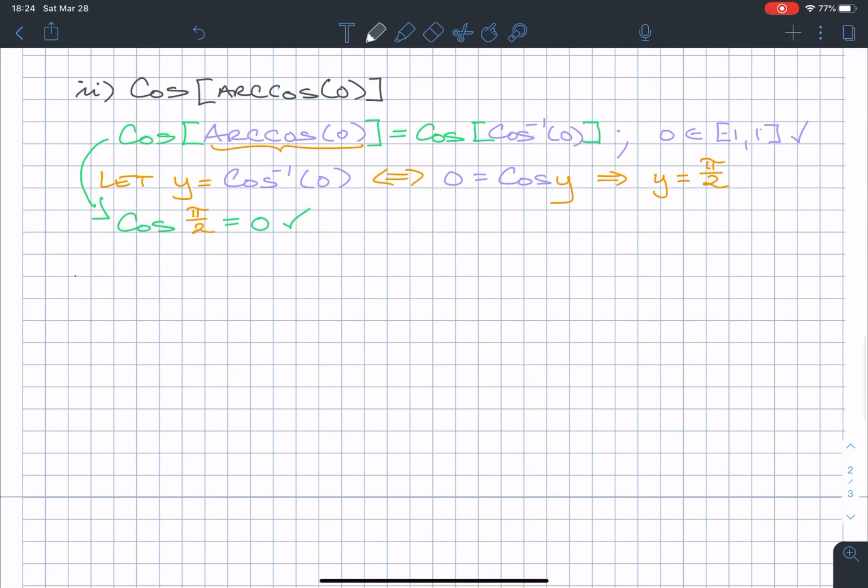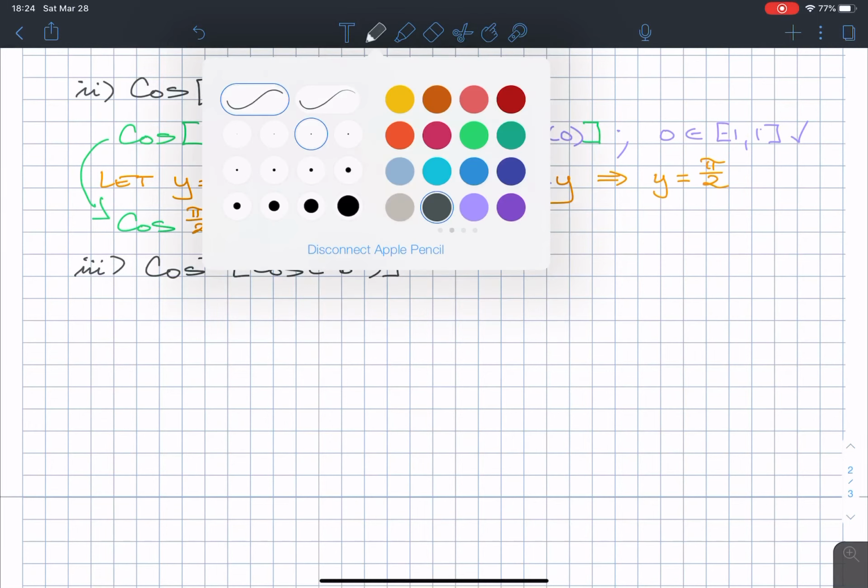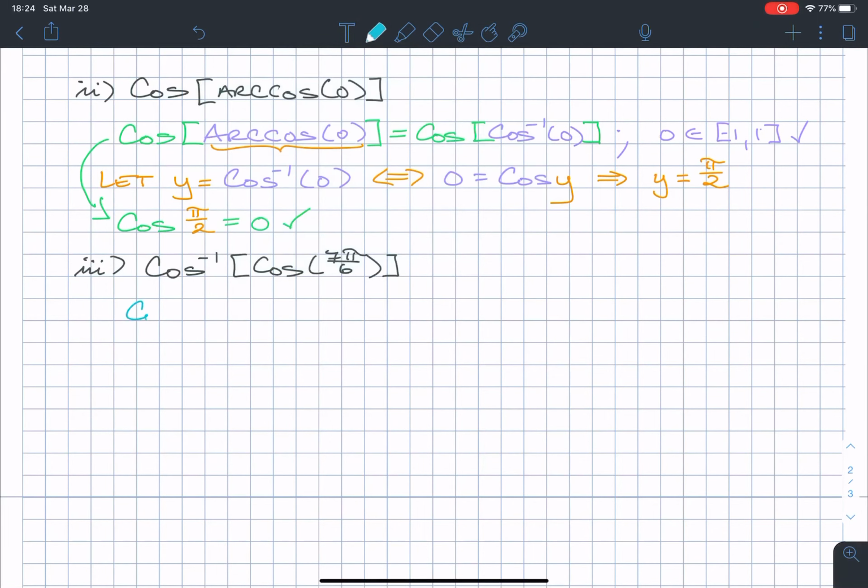So number 3, and I guess this will be it for this subsection. So let's evaluate inverse cosine of cosine of 7 pi over 6.